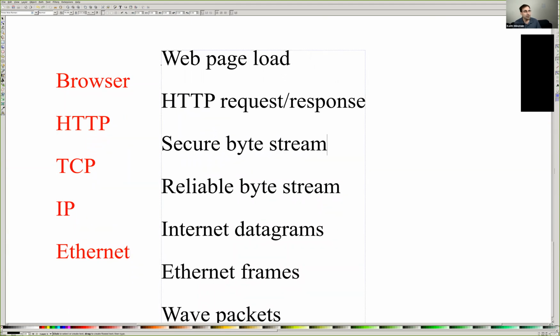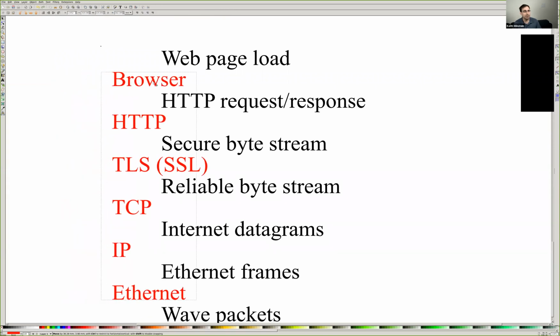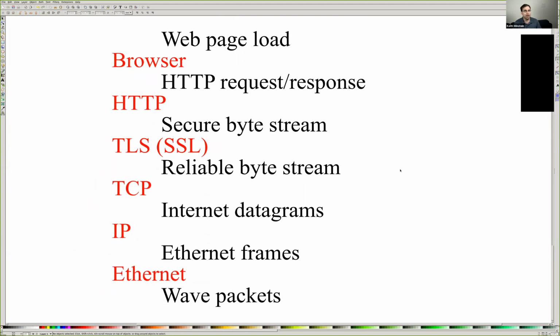And the layer that converts between those is called transport layer security, also known as secure sockets layer, SSL. So this is what the layer cake became. So nothing else had to change. They just inserted a layer in between TCP and HTTP, and they inserted an abstraction in between the reliable byte stream and HTTP request response, which was the secure byte stream.